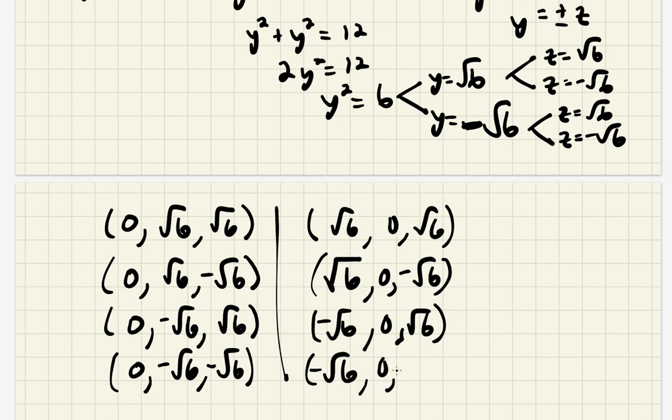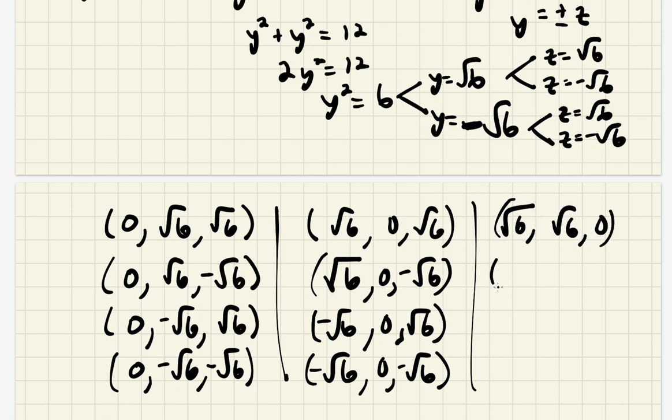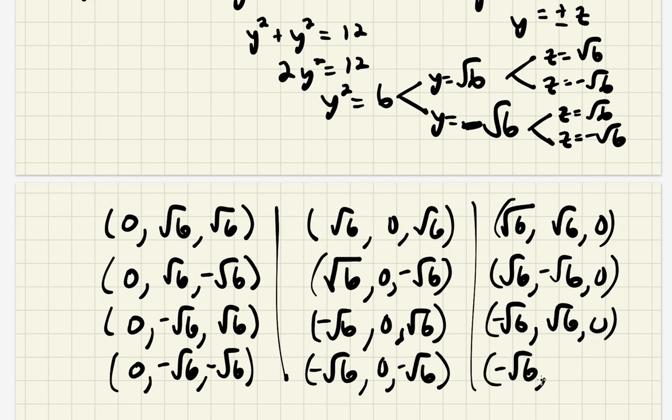Negative root 6, 0, negative root 6. Root 6, root 6, 0. Root 6, negative root 6, 0. Negative root 6, root 6, 0. And negative root 6, negative root 6, 0. These are all the possibilities for one of them being equal to 0.